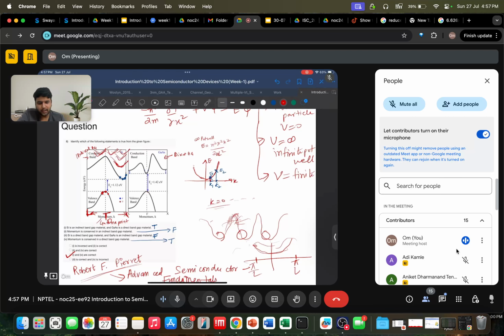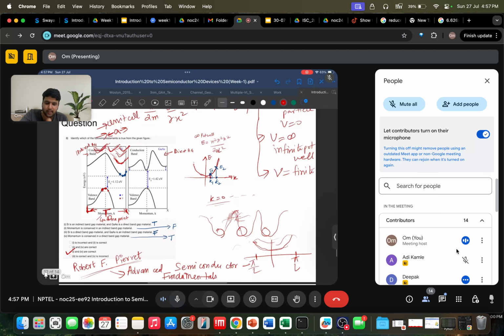Basically, how they arise is related to the crystal structure. The crystal structure is defined mainly by two things: one is the unit cell, the second is the interatomic lattice constant. Any change in a particular combination of these should ideally give you a unique band structure.